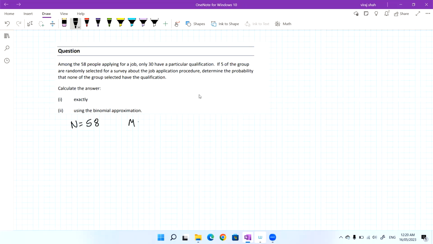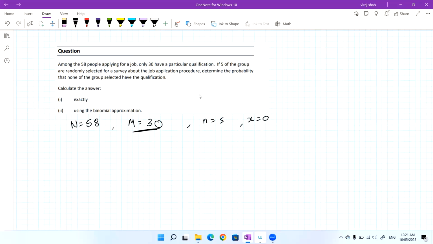So capital M, the number of successes in your main distribution, is 30. If a group of 5 people are selected at random, so you are selecting a sample size of 5 from your main population in order to do your analysis, for a survey about the job application procedures, determine the probability that none of the group selected have the qualification.